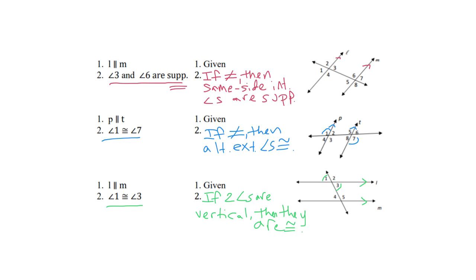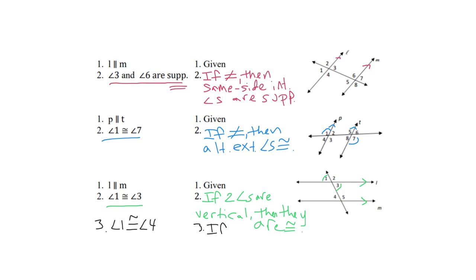Now, had our conclusion been something different, let's say our conclusion is angle 1 is congruent to angle 4. This 1 and 4, that is drawn directly from the fact that these are parallel. And that is that 1 and 4 are corresponding angles. So we would say if two lines are parallel, then corresponding angles are congruent. So that's what we could write for another step if we were writing a proof.